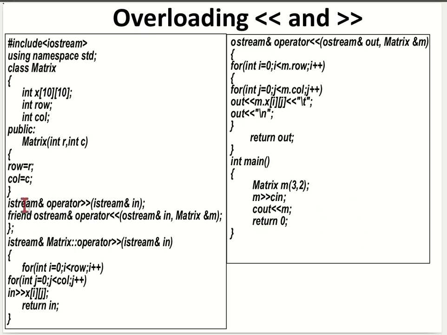Here you have to see this extraction operator. I have written it like m >> cin, because it must accept the input stream only. It will be converted into m.operator>>(cin). Like that the overloading can be done.